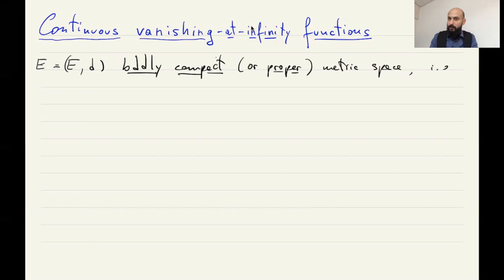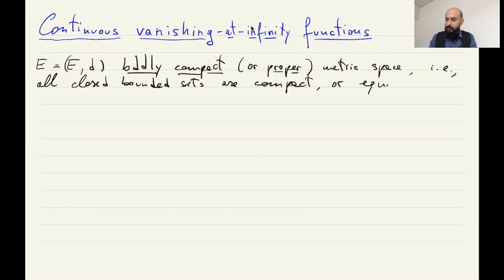I remind you what this means. This means that all closed and bounded sets are compact, or equivalently, one can just require that all closed balls are compact.